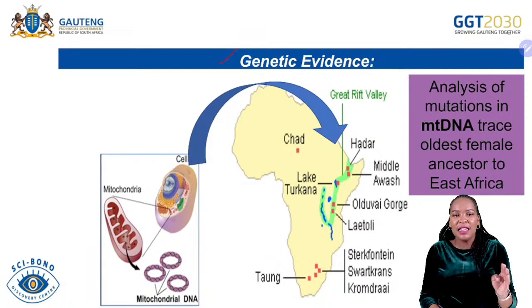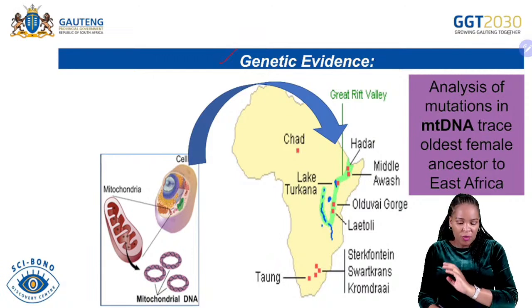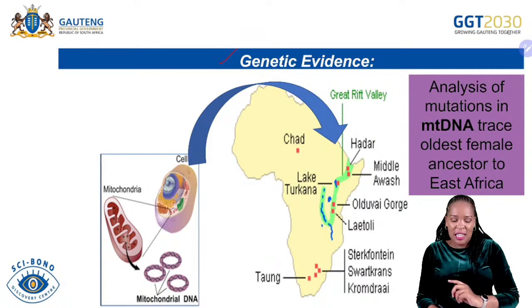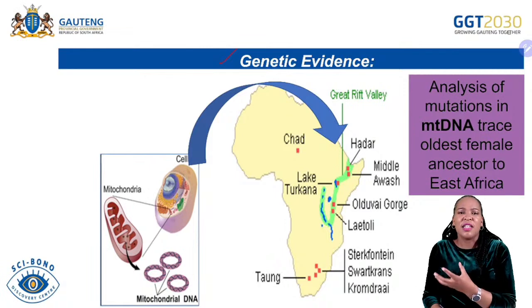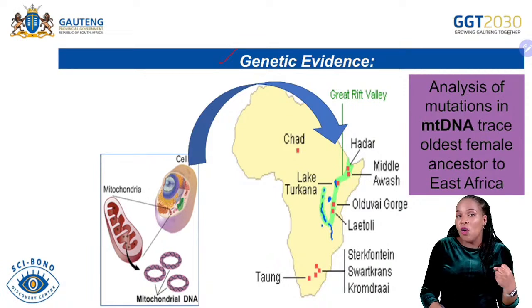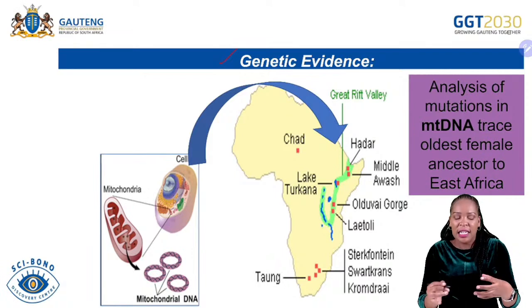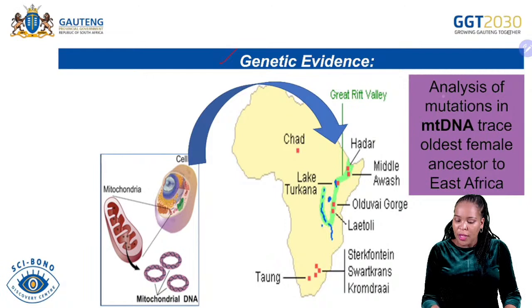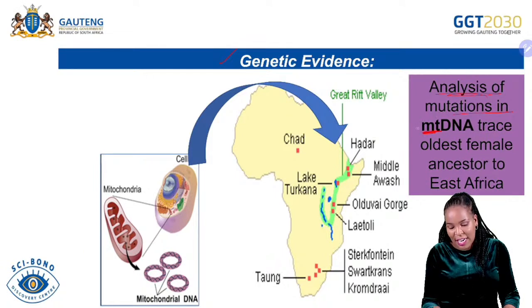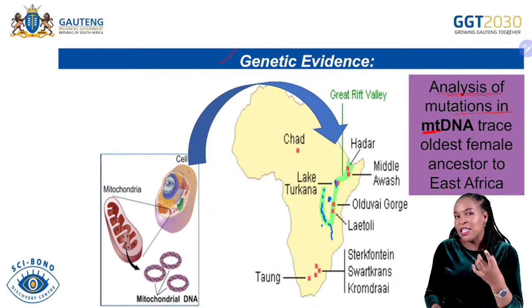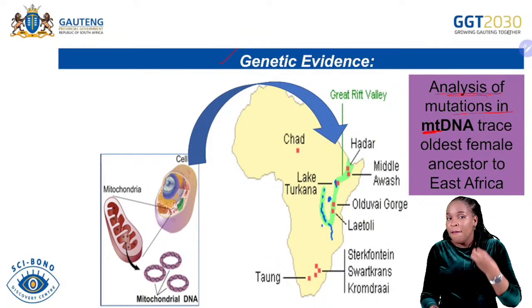Now, another thing that they use to support the out of Africa hypothesis is genetic evidence. So what genetic evidence did they use? Already you know how we use genetic evidence to support relatedness. Now, here, they took the analysis of the mutations in the mitochondrial DNA. Remember, we said mitochondrial DNA, you can only get it from the females.